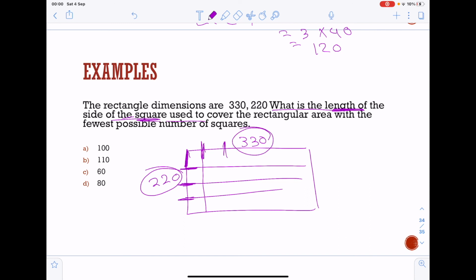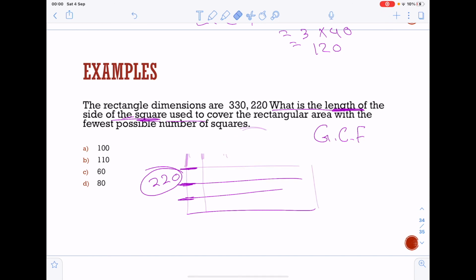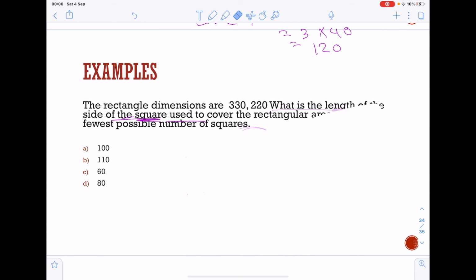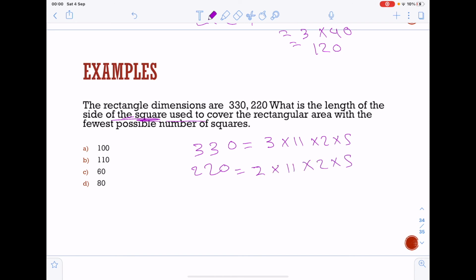So I'm going to use the greatest common factor in this way. Let's find the greatest common factor for these two numbers. As we said, we have to factorize both numbers. 220 is 22 times 10, which is 2 times 11 times 2 times 5, or I can write that as 2 to the power 2 times 5 times 11.